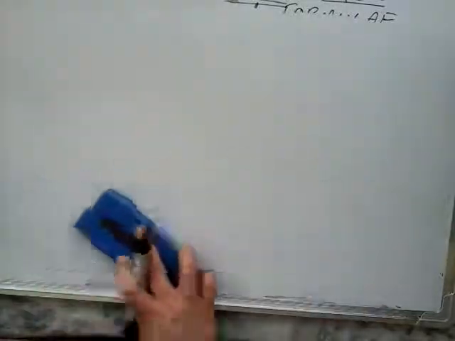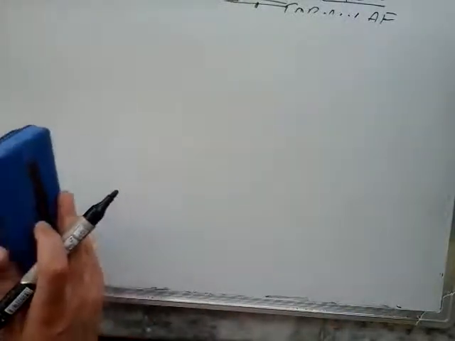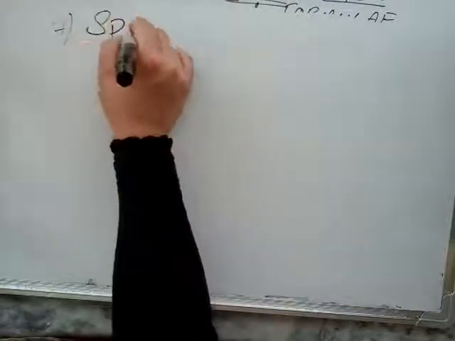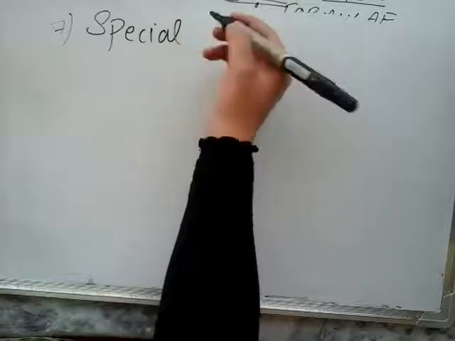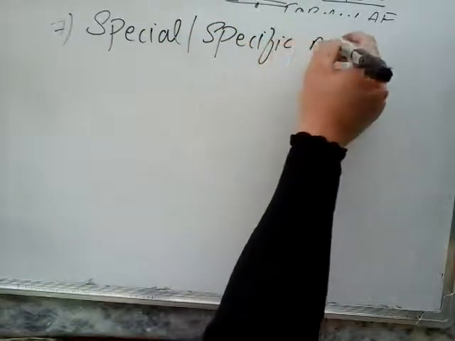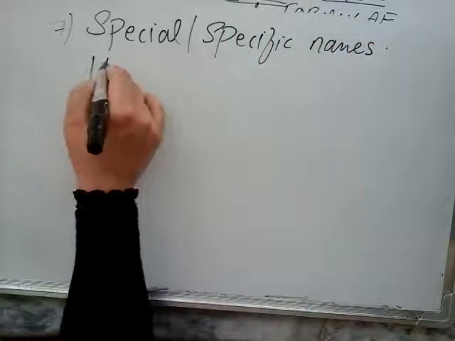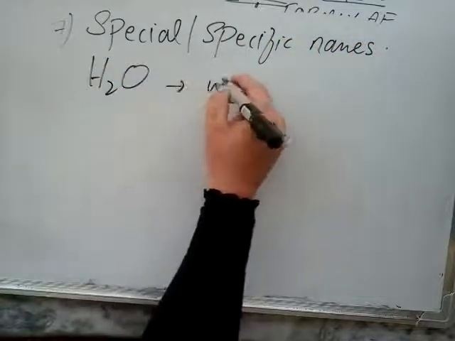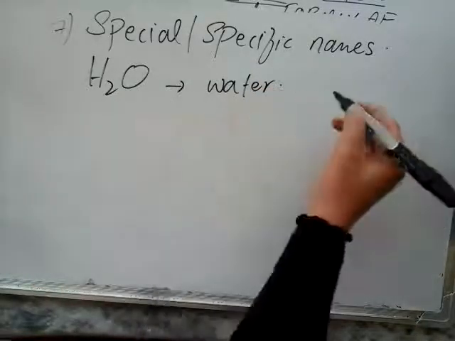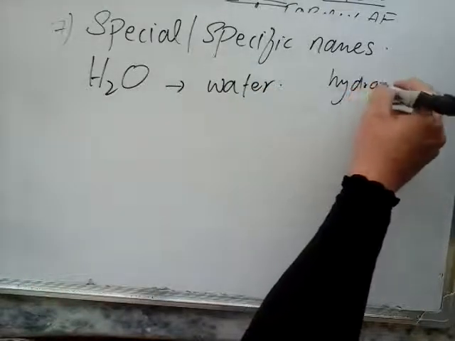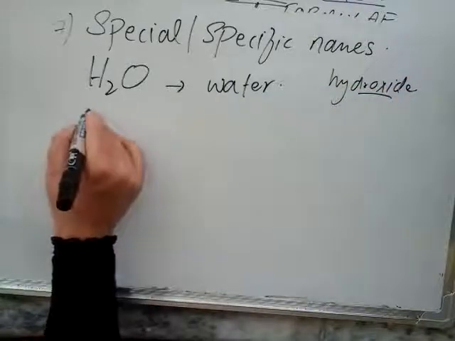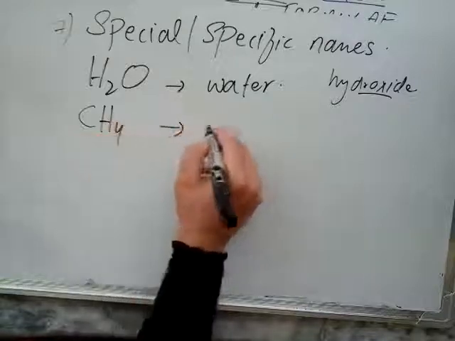The other important thing is that some special or specific names are also given to compounds. For example, H2O is normally known as water. We cannot call it hydroxide, it is water. For example, CH4 is called methane.